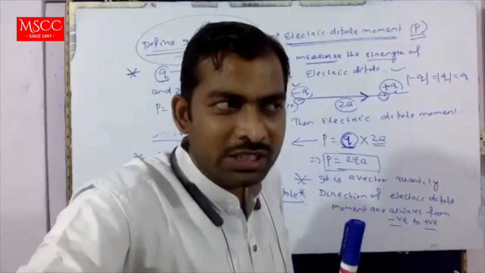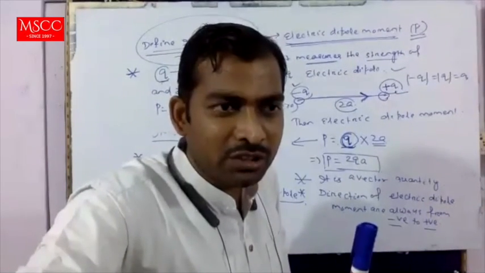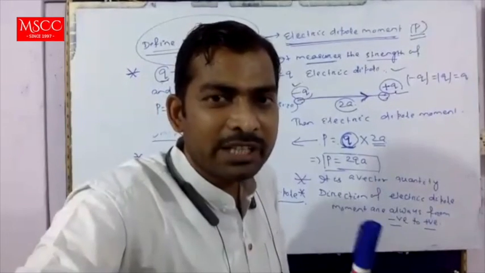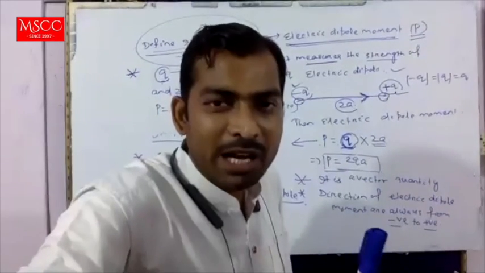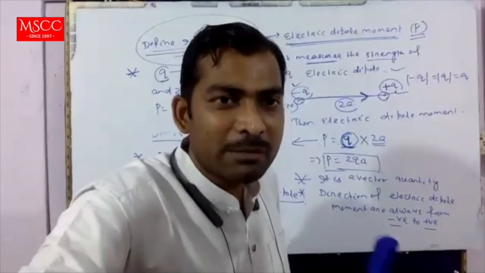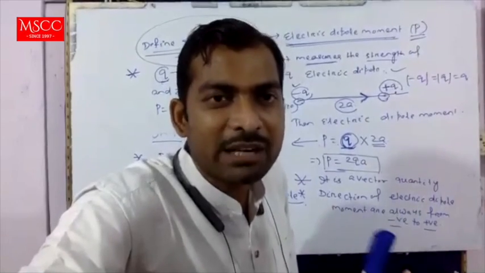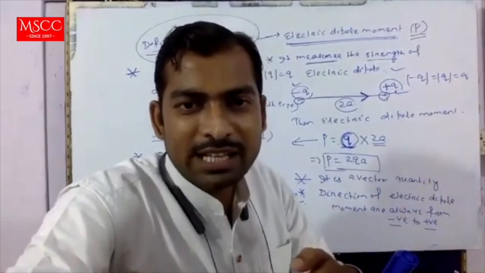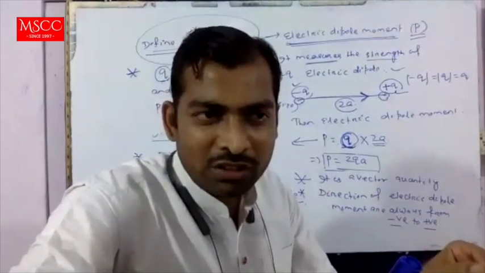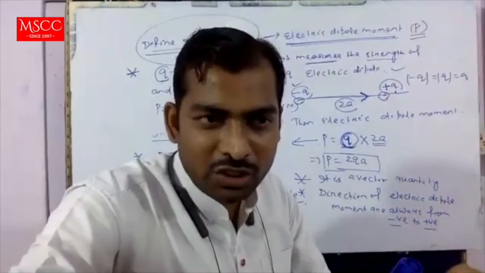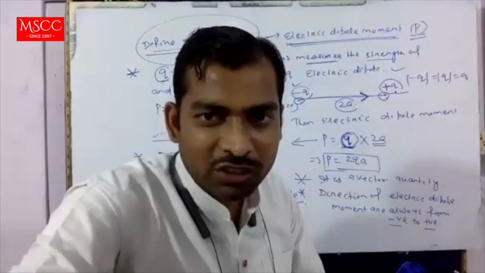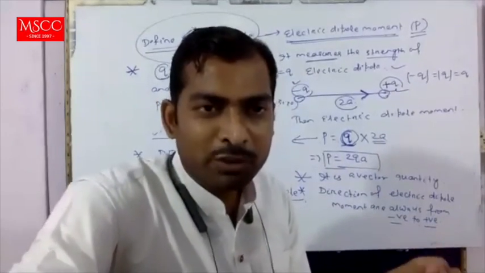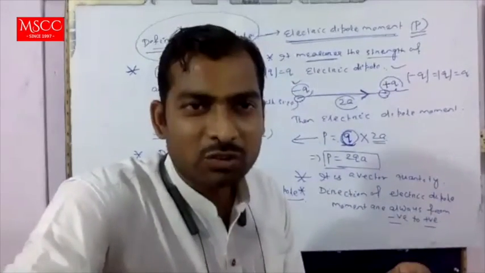Axial position is the same as end-on position, same as tan A position, whereas equatorial position means broadside-on position or tan B position. Two long questions.